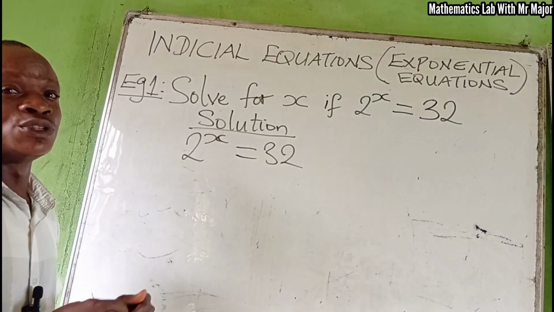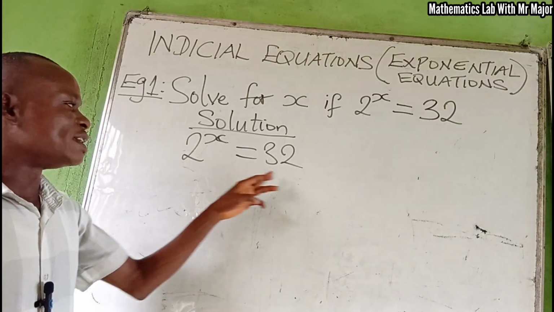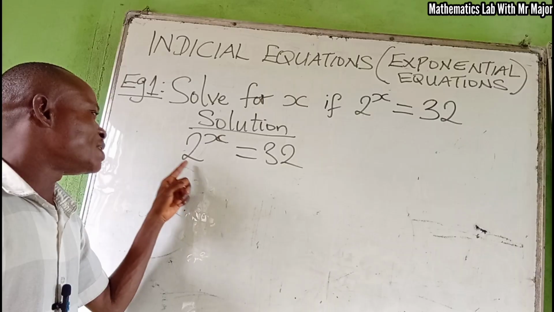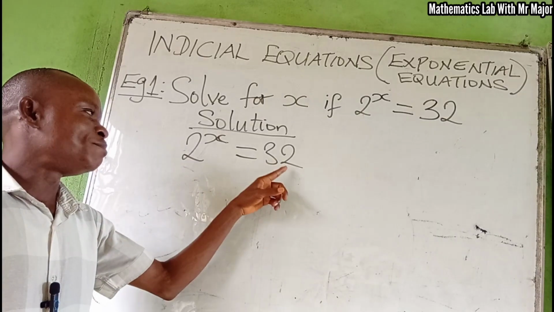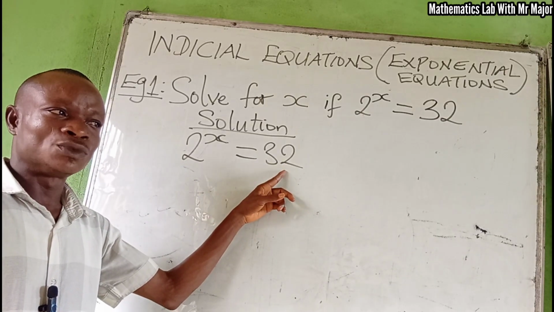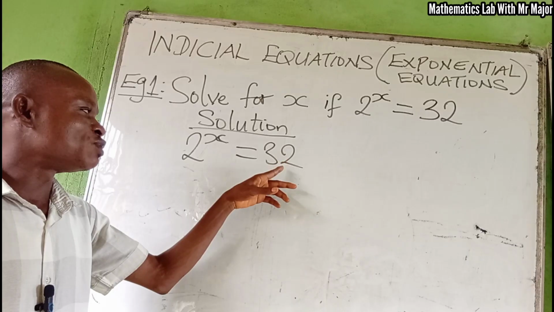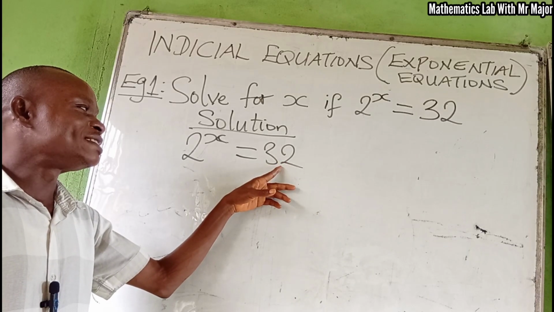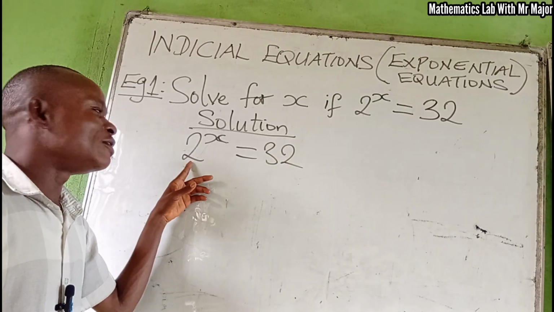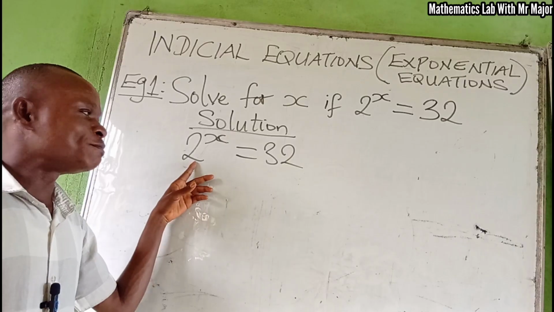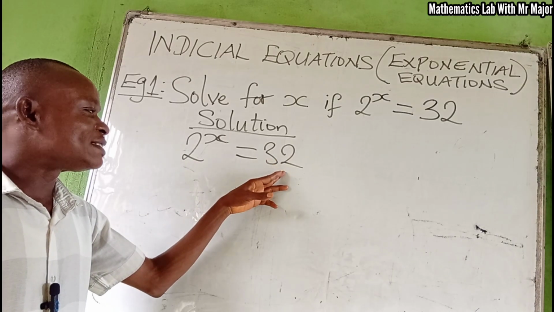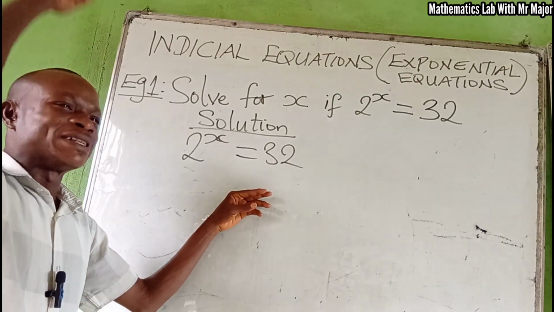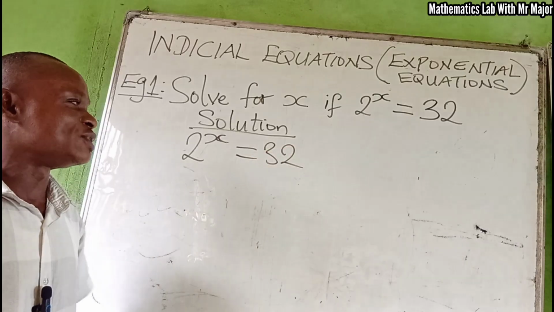The first thing we are going to do is compare the two bases. Since the base here is 2 and the base here is 32, you write the greater base, which is 32, in terms of the lower base. What that means is write 2 to a particular power that will be equal to 32.